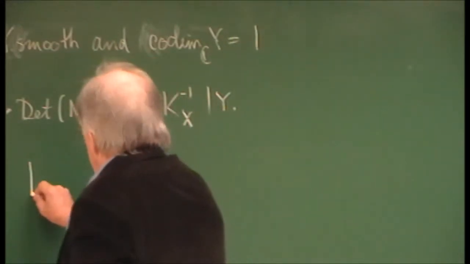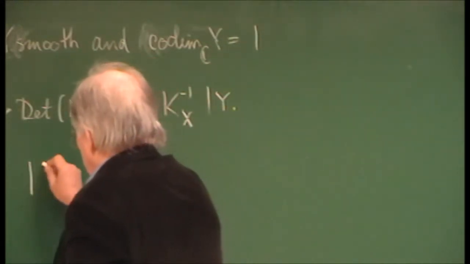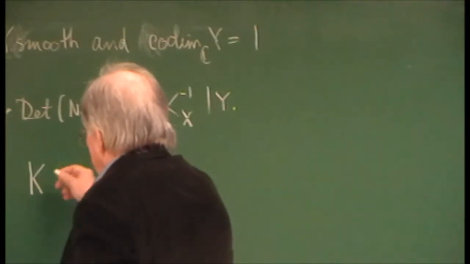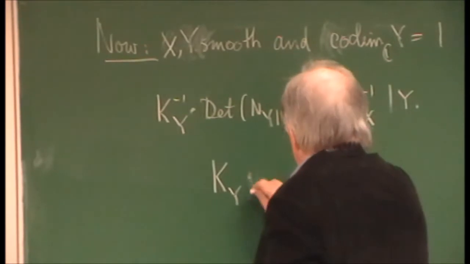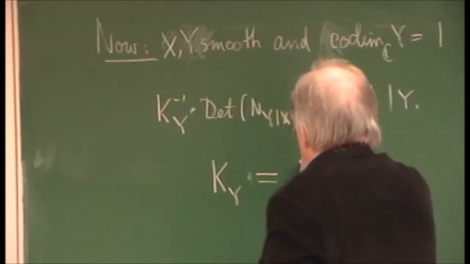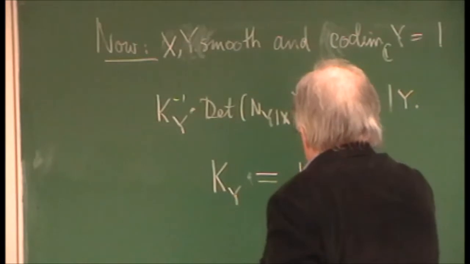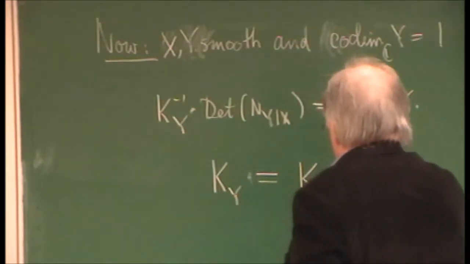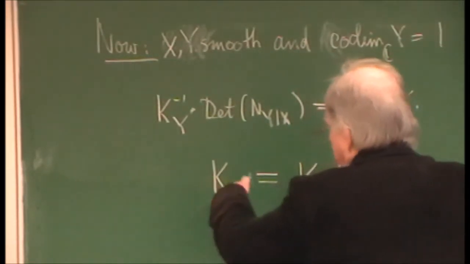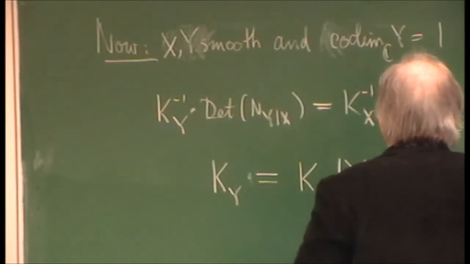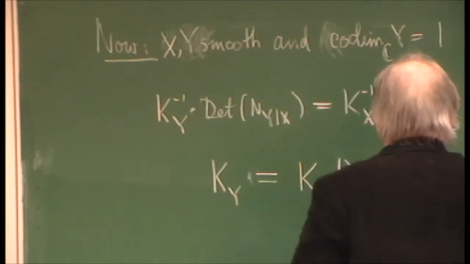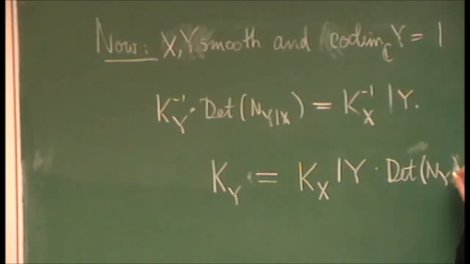So if I take the inverse of this, what do I get? The canonical bundle of Y equals the canonical bundle of X restricted to Y. I inverted that, so I get the inverse here, and then I bring this over here. I hope I don't make a mistake. The normal bundle. No inverse, right? There is no inverse.